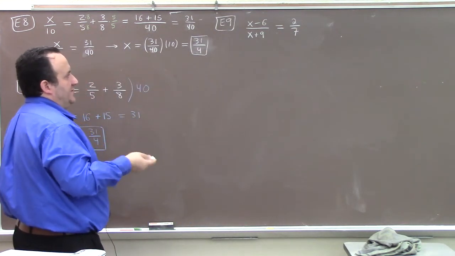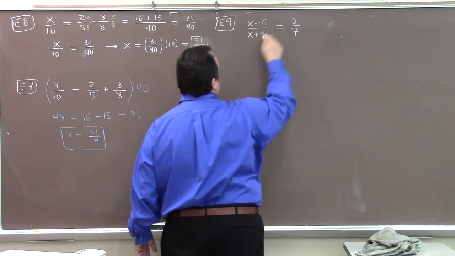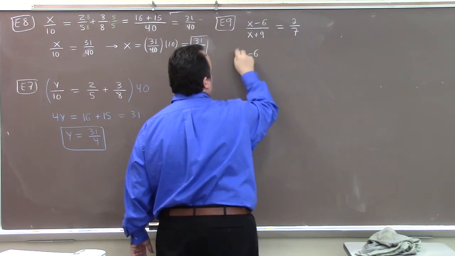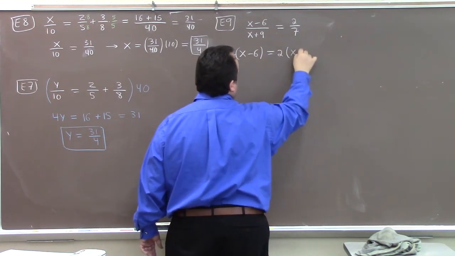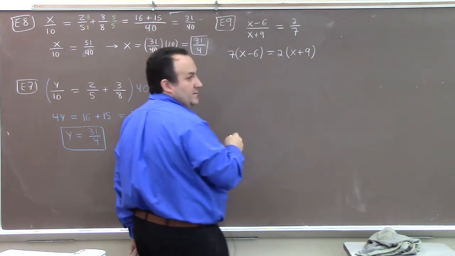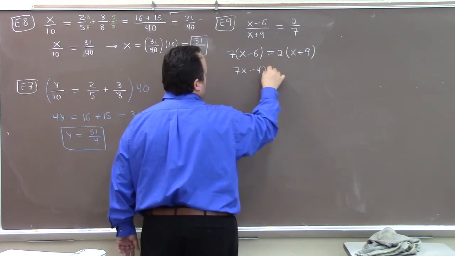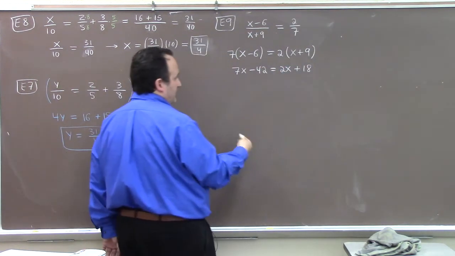So I solve this by cross multiplying. I multiply 7 over here, and I multiply x plus 9 over there. So 7 times this is equal to 2 times that, right? Which gives us 7x minus 42 equals 2x plus 18. Now you want to isolate the x.